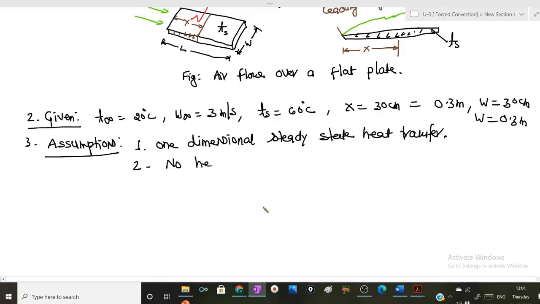So no heat transfer due to radiation. Whatever heat transfer is taking place is purely by convection. Okay. Then constant properties of the fluid.